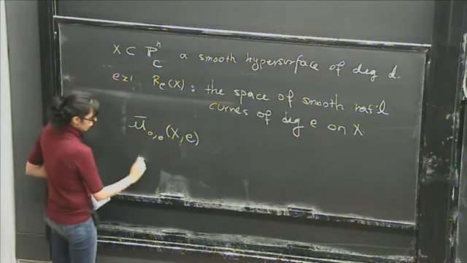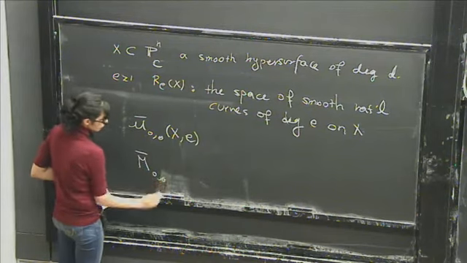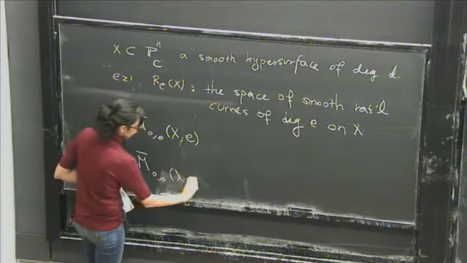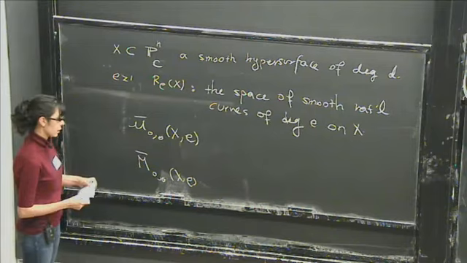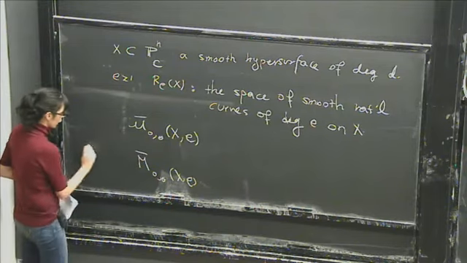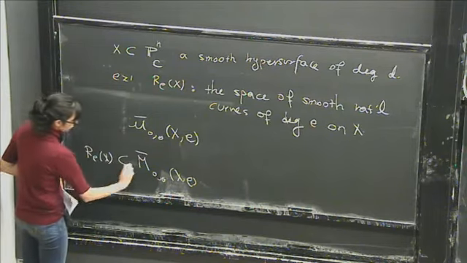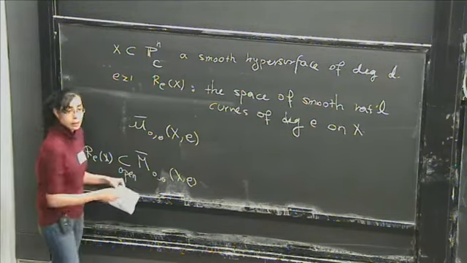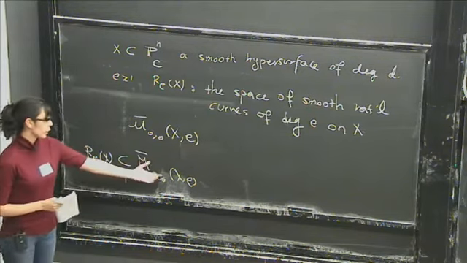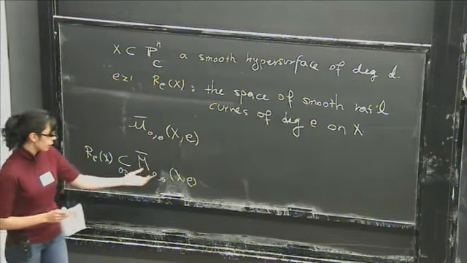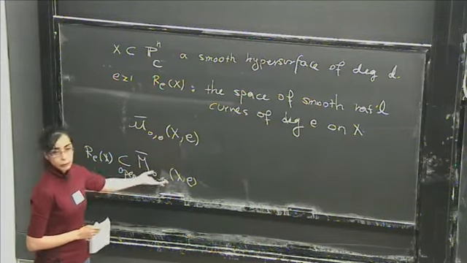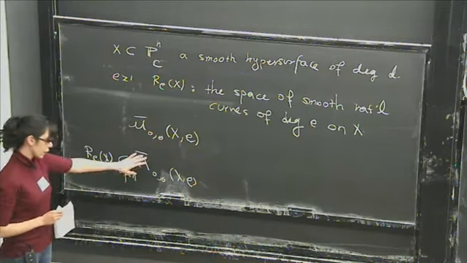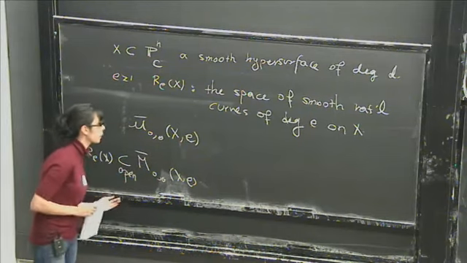And M bar is the coarse moduli scheme. And of course, R_e(X) is an open subset here. Now, in general, this may be reducible. So if I look at the closure here, it would be the union of a bunch of irreducible components of the space of stable maps.